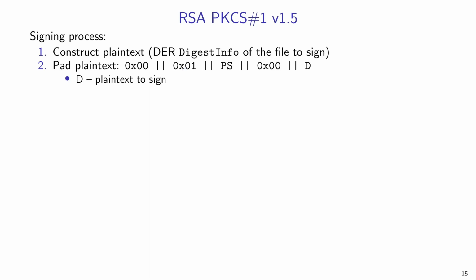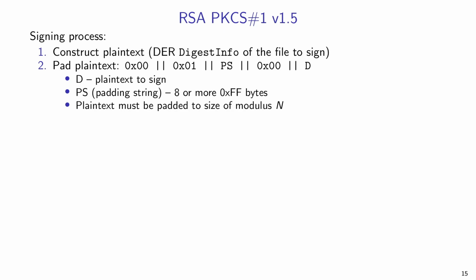D is our plaintext to sign, that is the encoded digest info structure. PS is our padding string, 8 or more bytes with value 255. So here for signing, the padding is fixed and the minimum length of the padding does not serve any security purpose. And next, the plaintext must be padded to the size of the modulus n.